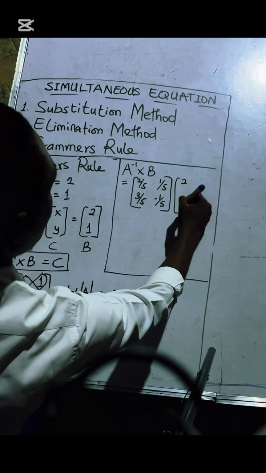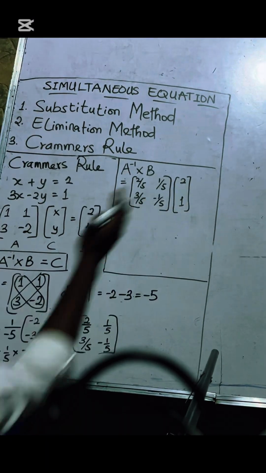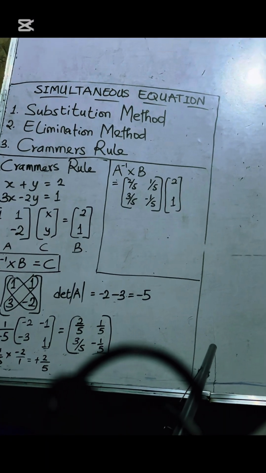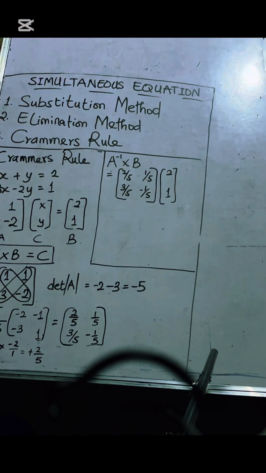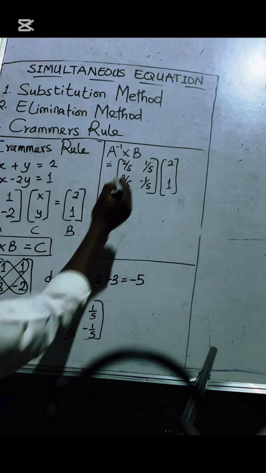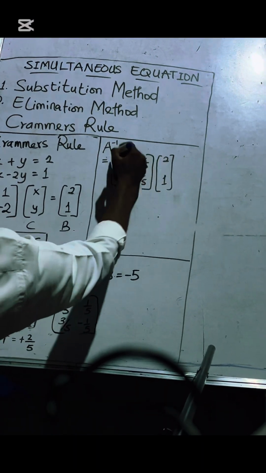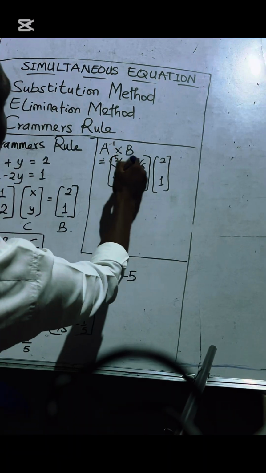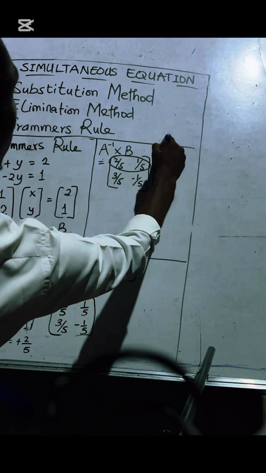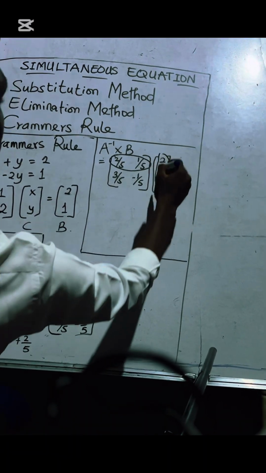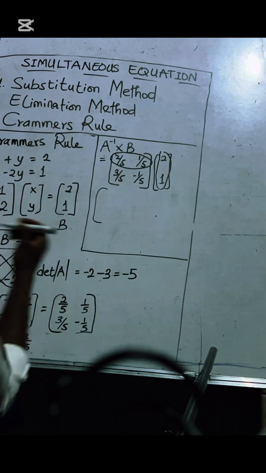2 and 1. Now, for us to do the multiplication, in multiplication of matrices, we multiply row for column. That is, we are multiplying like this for like this, and then that forms row 1, column 1.